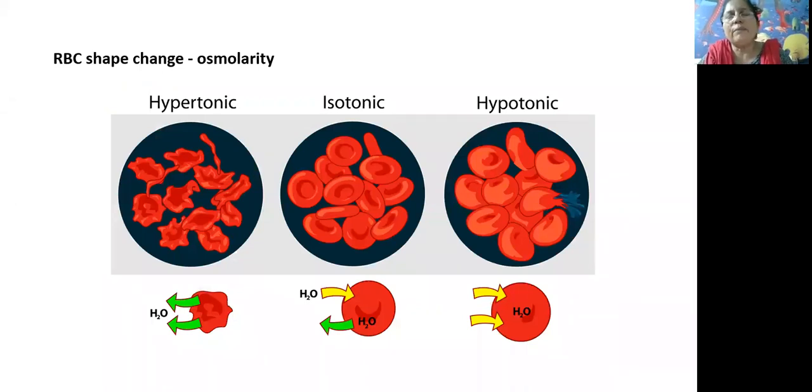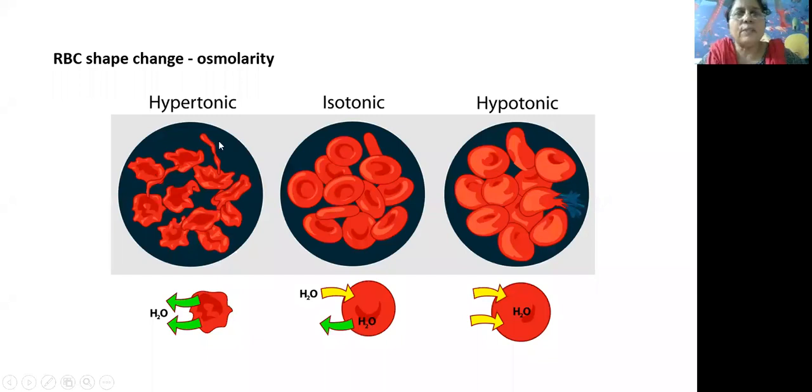For transfusion, we also give IV fluid, isotonic. Because if 5 molecules of water get in, 5 will be coming out. Okay, it maintains the shape.